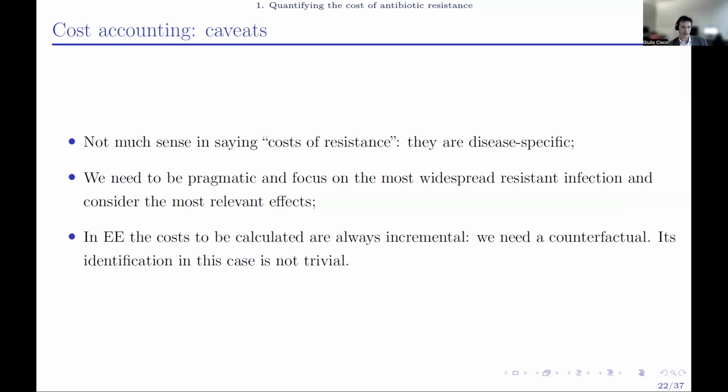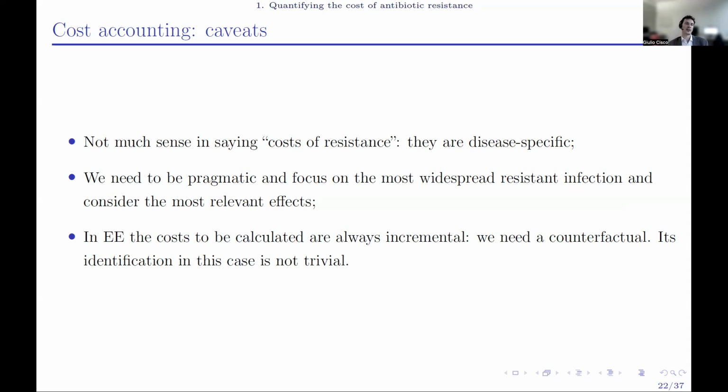And also, what I didn't mention, but it's very important, is that when we say cost of resistance, of course there are the costs related to resistance, yes, but we have to compare them with something, because cost of resistance compared to what?